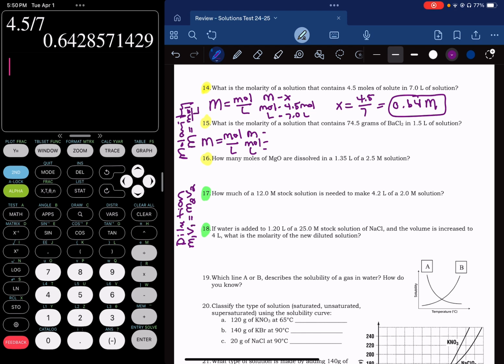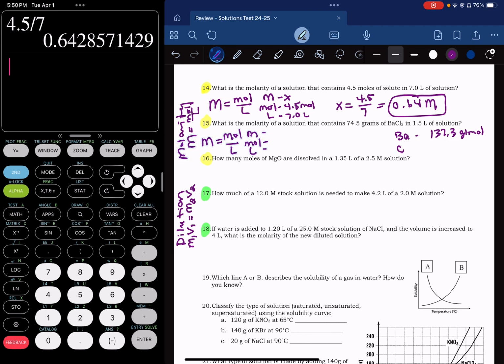Let's go take a look at the periodic table. I'm looking at my periodic table now and it says barium. We're going to round. The molar mass of barium is 137.3 grams per mole according to the periodic table. I only have one barium in this compound, so I'm going to stick with that.